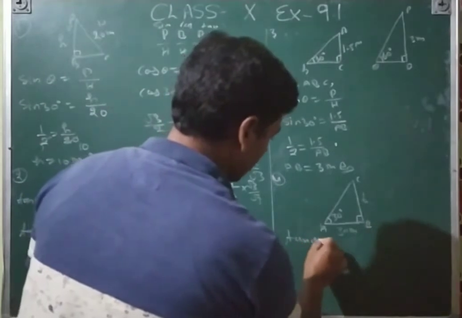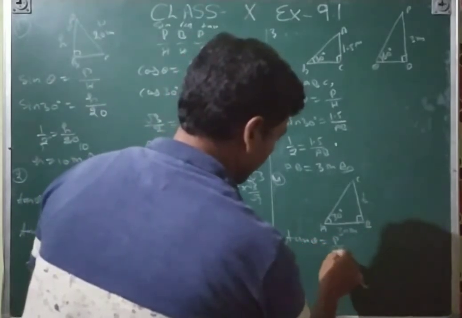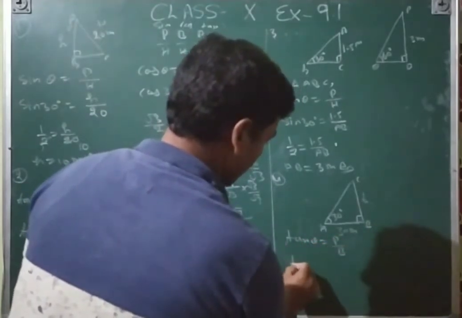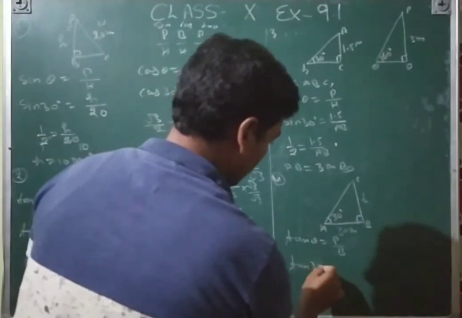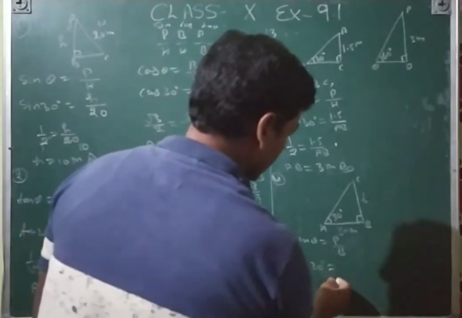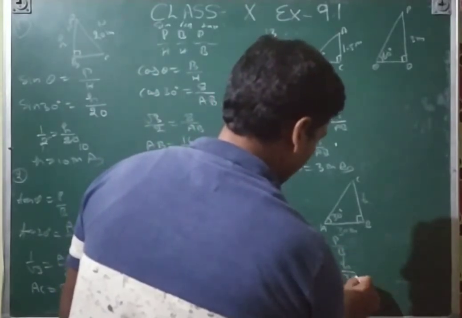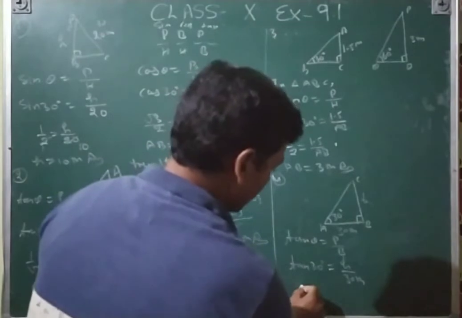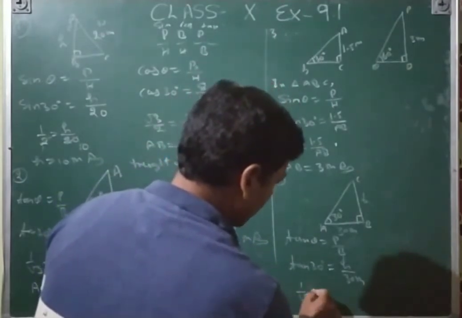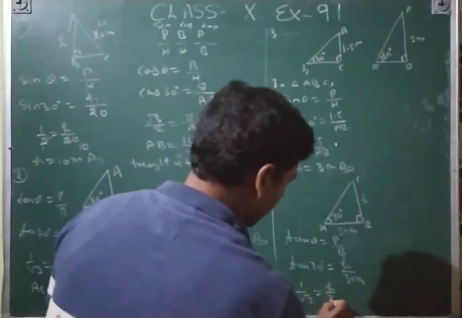So tan theta is equal to perpendicular upon base. So tan 30 degrees is equal to perpendicular h upon 30 meters. So tan 30 value is 1 upon root 3 is equal to h upon 30.